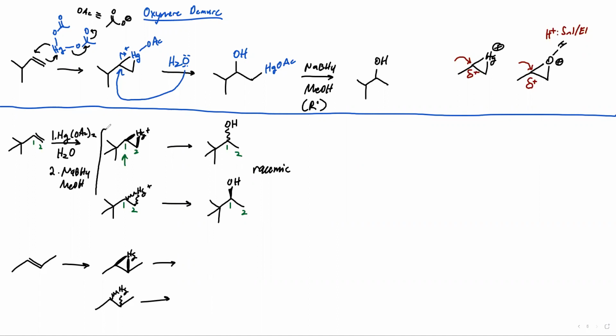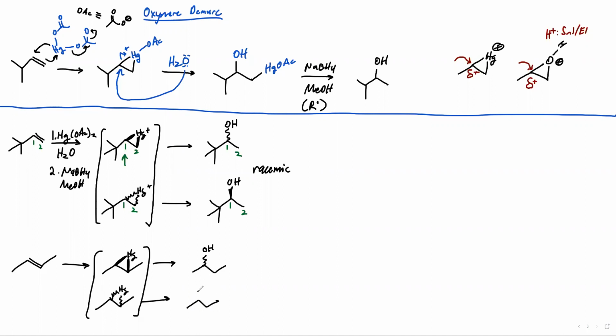So we can choose either one. Thankfully for us, this is symmetrical. So if I open up on the left or the right, it shouldn't really matter, right? Opening up on the left or the right doesn't matter. I'm going to get this product here.